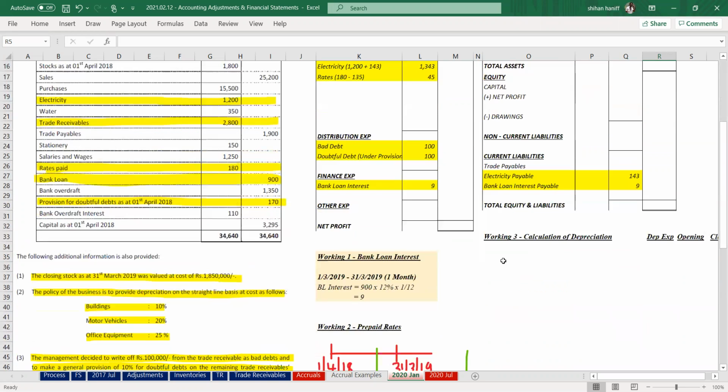Building, cost is 5,000 into 10%. Building depreciation is 500. Then number two, motor vehicle.